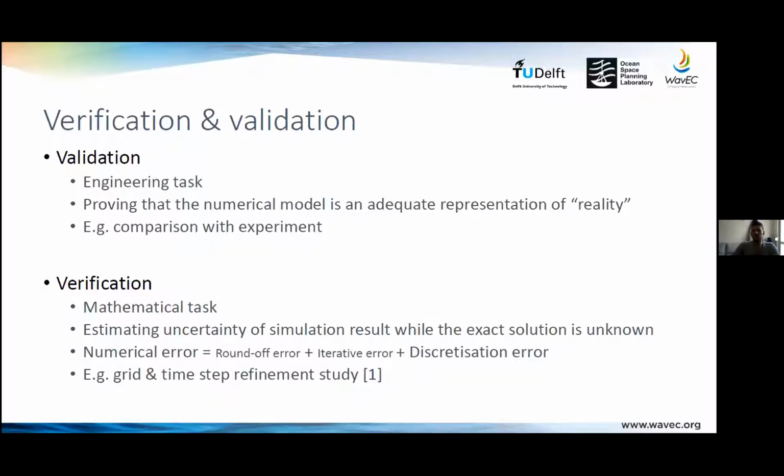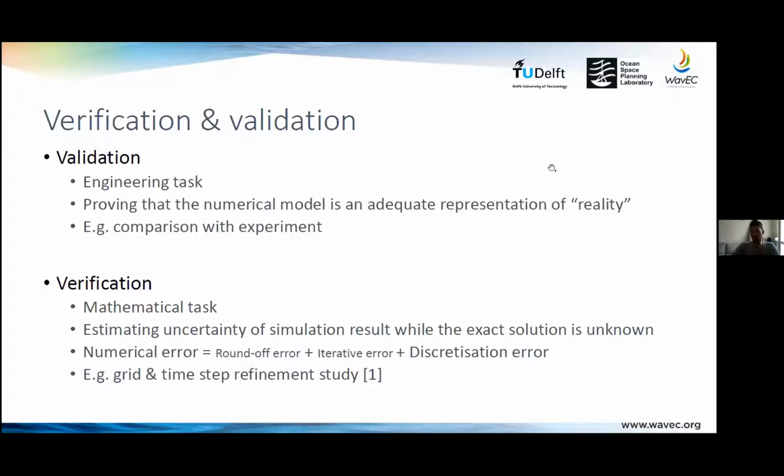But how do we get to this numerical error? Well, the numerical error is composed of different components, and typically these are the round-off error, the iterative error, and the discretization error. But if we use double precision calculation, and if we ensure good iteration of our calculations, then typically we can neglect the first two errors, and the discretization error becomes the dominant one.